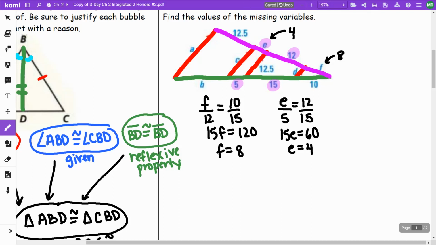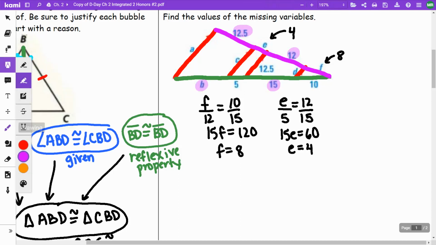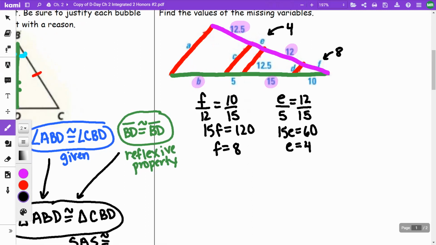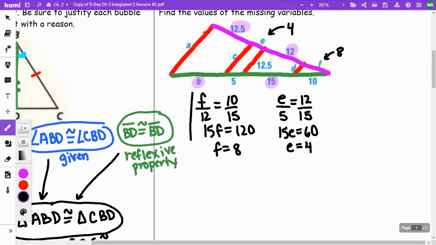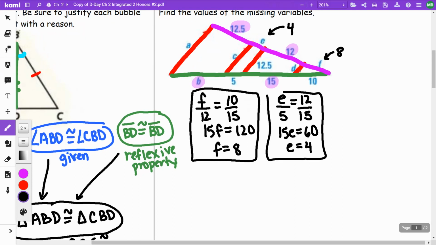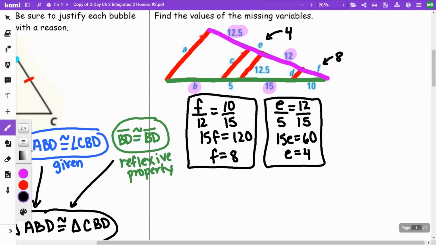I'm going to do a similar idea to find B. I am going to use the 15 and the 12 again with the 12.5 in the B. So these ones I'm all doing side splitter. Okay, so let me do one for B. So I'm going to say B is to 15 as 12.5 is to 12.